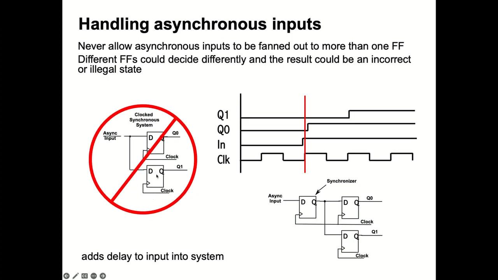It will not arrive in time, in which case one device will have one value and the other device will have the other value. Again, this is going to create problems in your logic. And so what we do is we add a synchronizer, right? This is what you do in your labs with the buttons. You just put a flip-flop there, run the buttons through it, and then they're all synchronized with your design. Not that it would really matter at the speeds we're running.